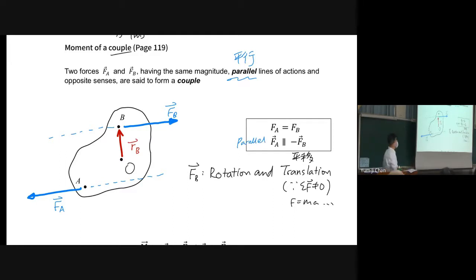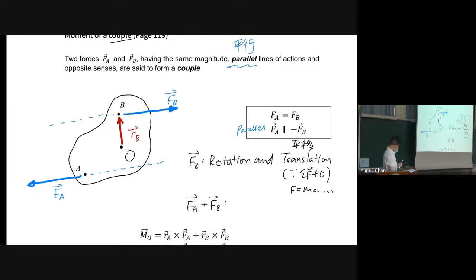So if we have FA plus FB, is the resultant force equal to 0?